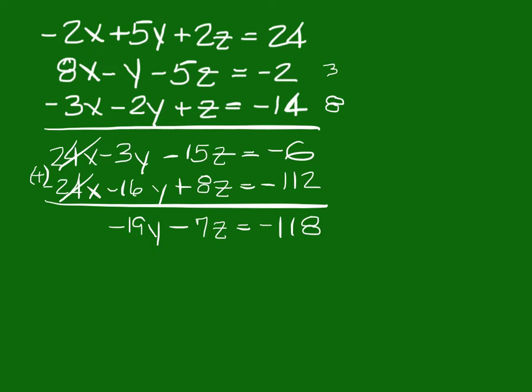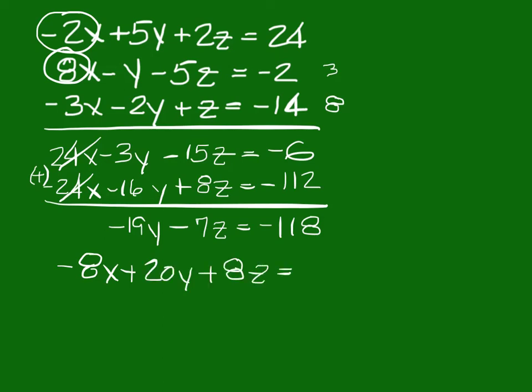For the top two equations, you're going to have negative 2 and 8. So the top one should be multiplied by 4, and you come up with a negative 8x plus 20y plus 8z equals 96. And the second one stays the same, 8x minus y minus 5z equals negative 2.